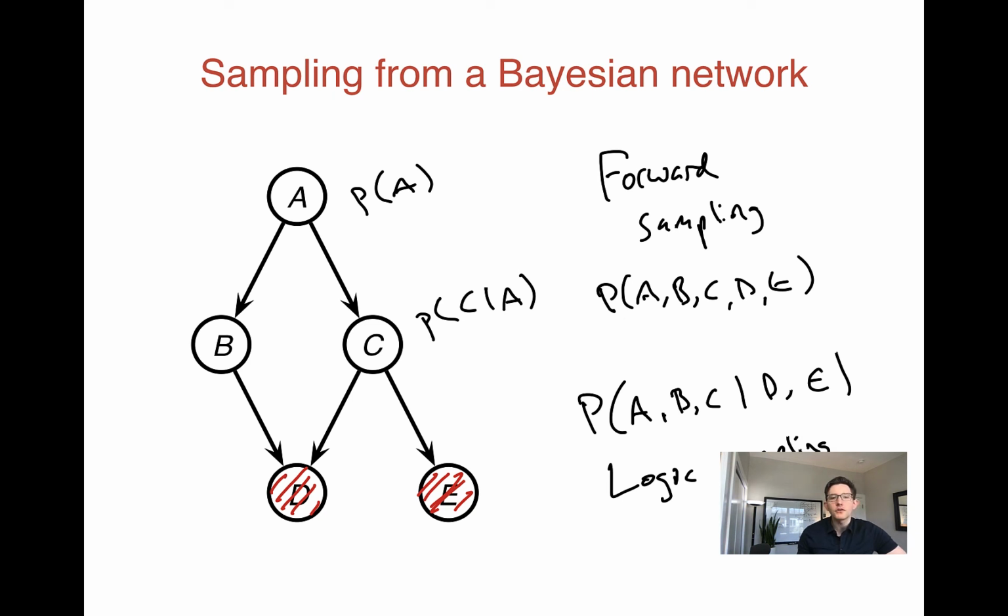But if we have a large amount of evidence, which is very standard for big Bayesian networks, for example, in the case of a medical Bayesian network, we might have run 100 tests on a given patient, or maybe only a couple tests, but maybe we had the patient fill out a questionnaire that had 100 questions on it.